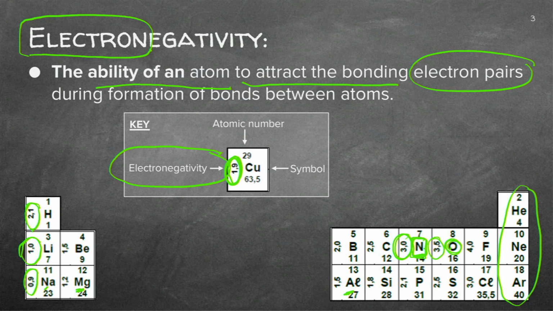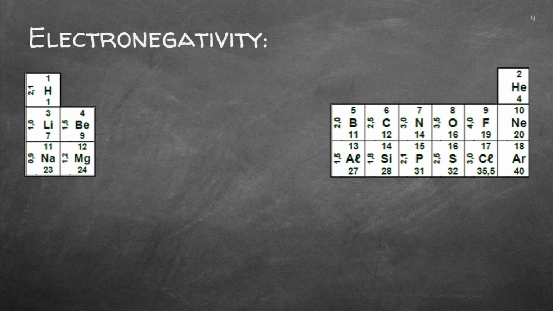So that's important. Now let's use this a little bit. I'm going to ask you, what will happen when I've got a hydrogen and another hydrogen? Now we know the Lewis diagrams will tell us we've got each of them contributing 1 electron. So we've got a pair.